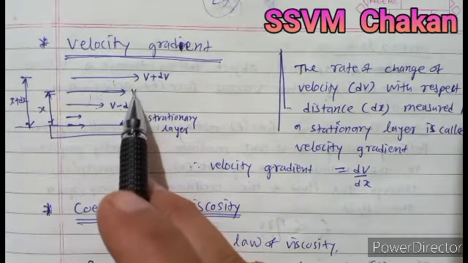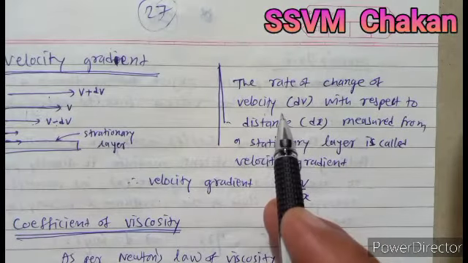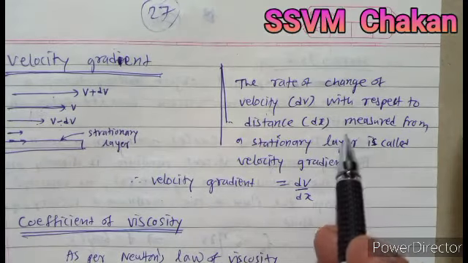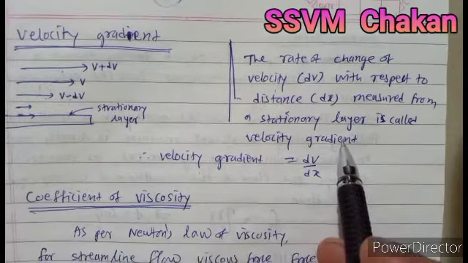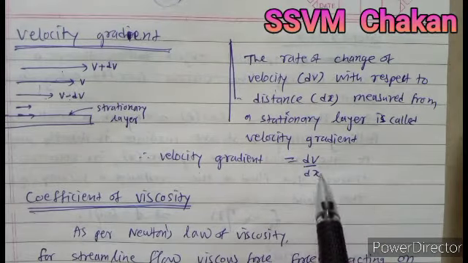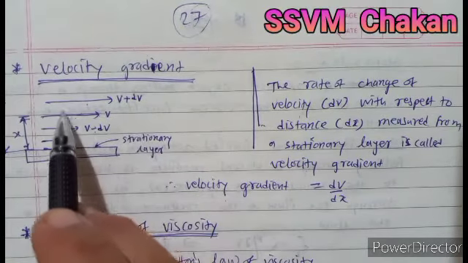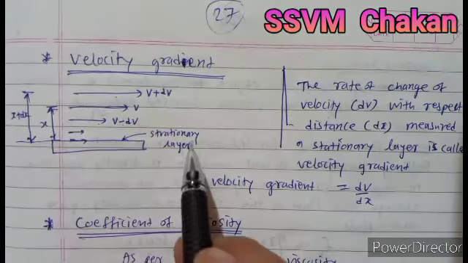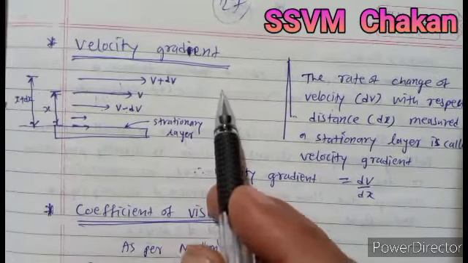Velocity gradient is defined as the rate of change of velocity with respect to the distance measured from the stationary layer. That is nothing but dv by dx. So this is a velocity difference dv and the distance difference is dx between these two layers. That ratio is known as velocity gradient.